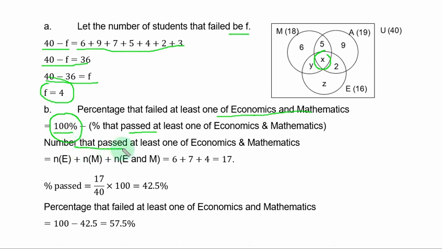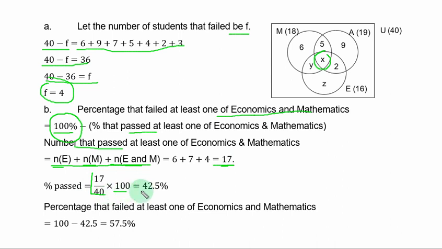The number that passed at least one of economics and mathematics can be obtained using this formula. You have only economics plus only mathematics plus the intersection of both, and that is 17. If you express it in percentage, you have 17 over total students in the class, 40, times 100%.